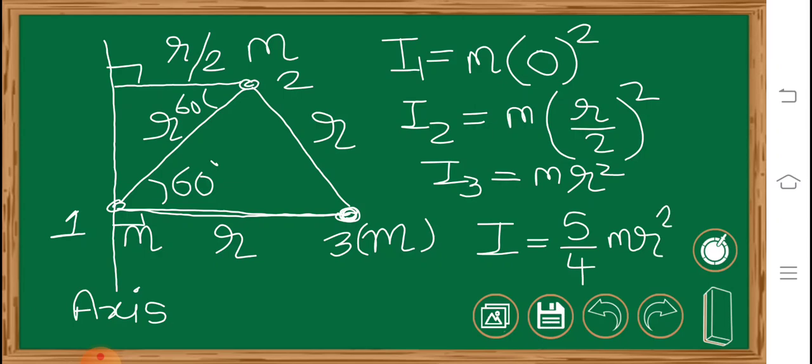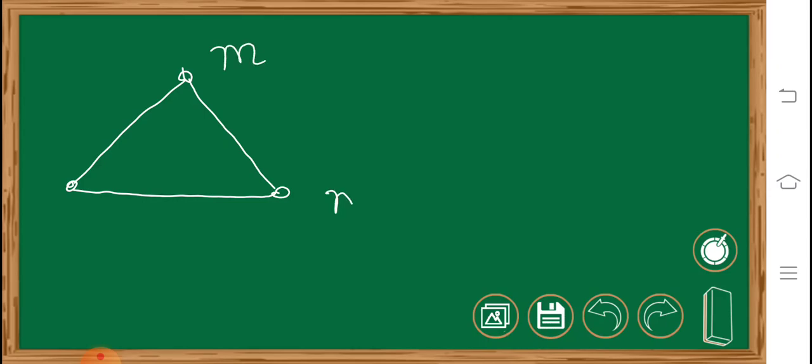Now suppose in this case, in the very same triangle, we have to find the moment of inertia about the x-axis. So I'll draw the diagram again. This is the equilateral triangle. Three masses are there, and this is the x-axis.